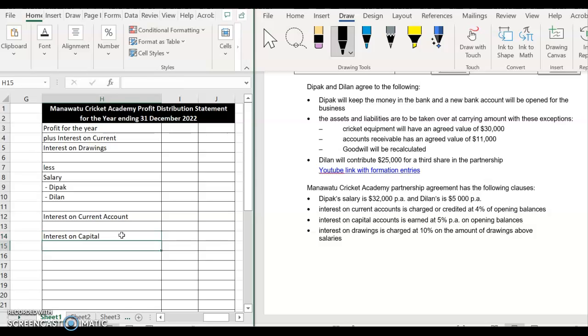And the interest on capital we've got, that's for both partners. And Deepak. And we've got interest on drawings done. So we've got salary, interest on current, interest on capital, that's all. And then share of profit.